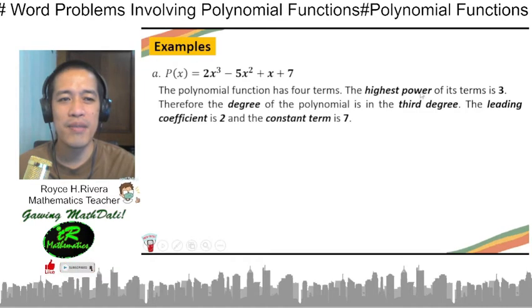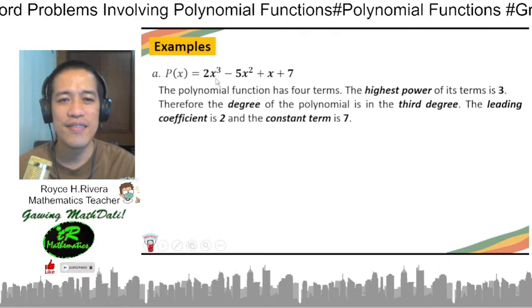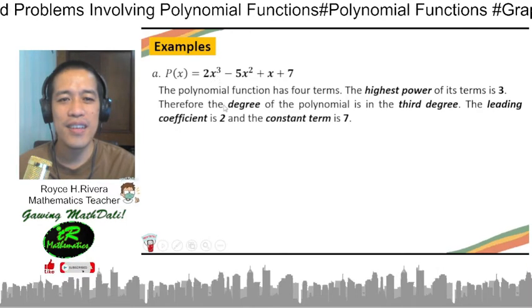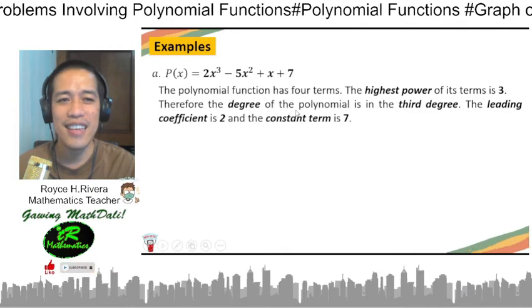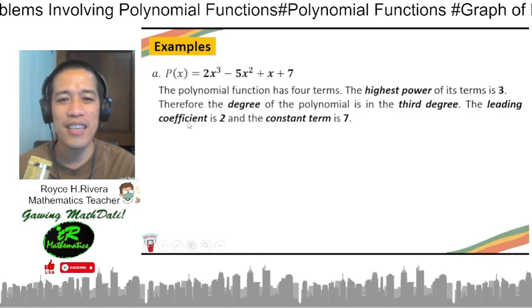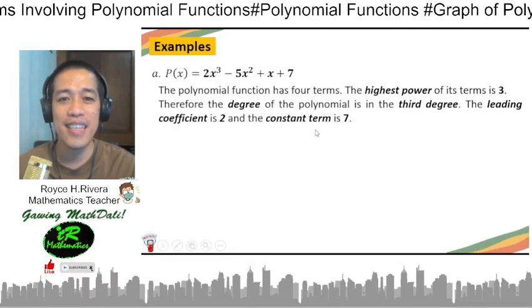The highest power of its term is 3. Therefore, the degree of the polynomial is the third degree, the leading coefficient is 2, and the constant term is 7.